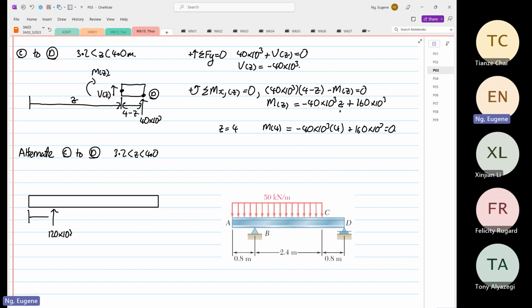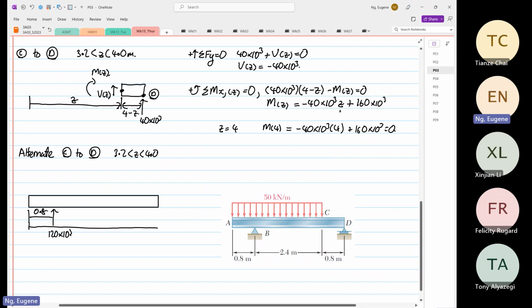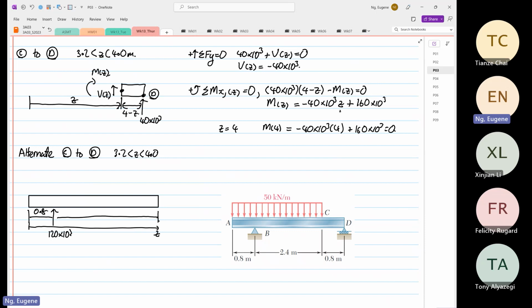We know the distance from here to here is 0.8, and we know the distance up to here is our z. So the distance from here to here is z minus 0.8. Okay, positive shear, positive bending moment.